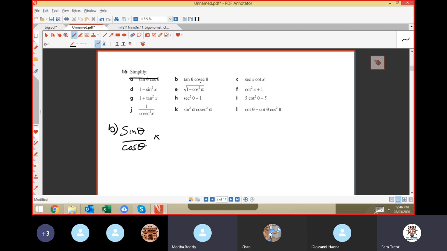What is cosec? Look at the third letter. S. 1 over sine theta. And then what are you going to do now? Cross out the sine theta. And what's your final answer? 1 over cos theta. Perfect.